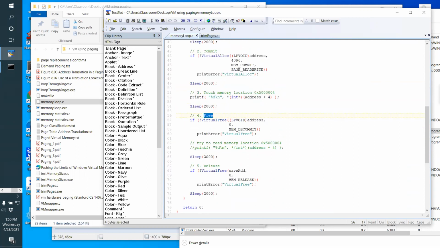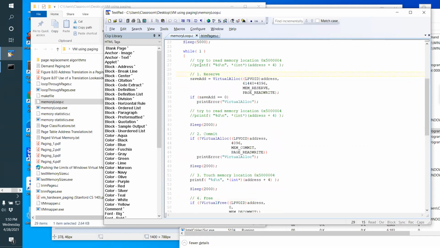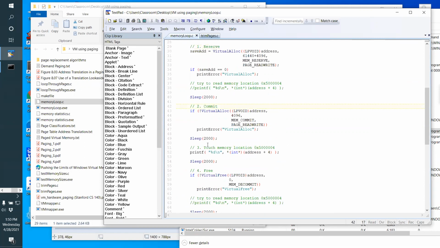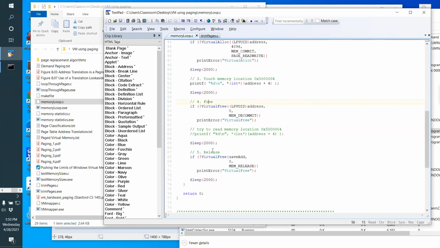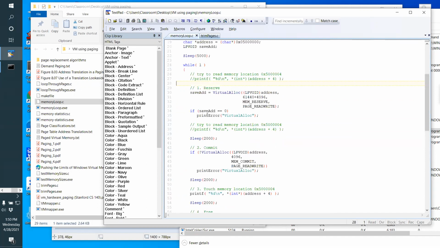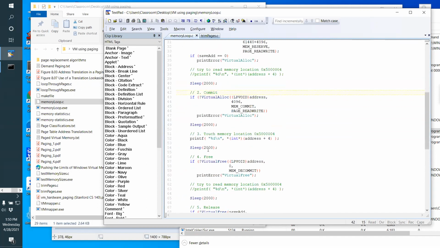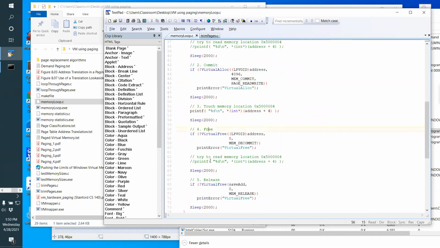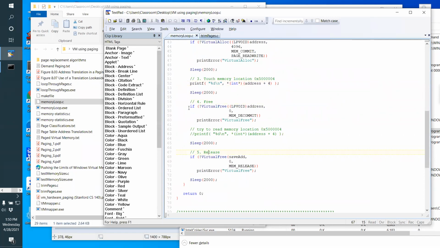And it's the same memory location over and over again. Reserve, commit, touch, free, release. So it's just in a loop of doing that.